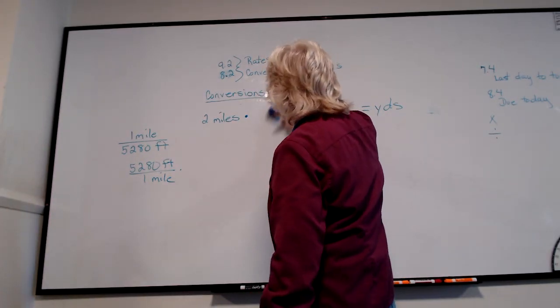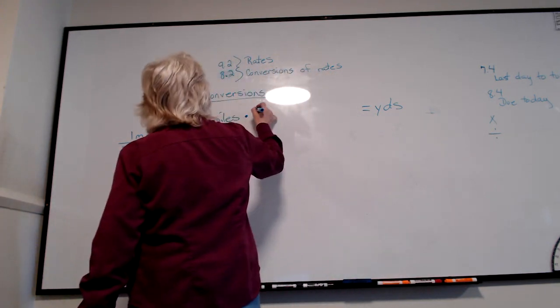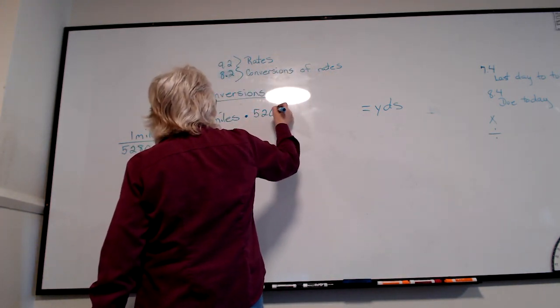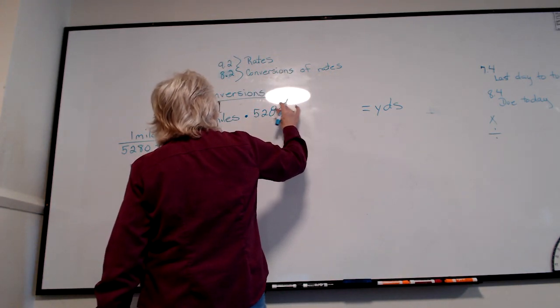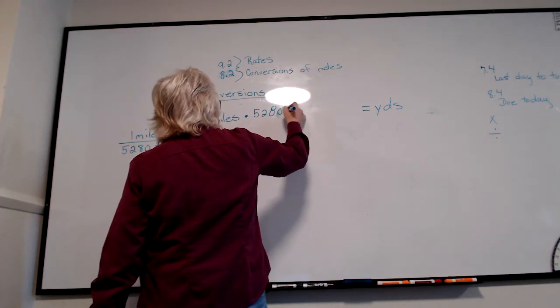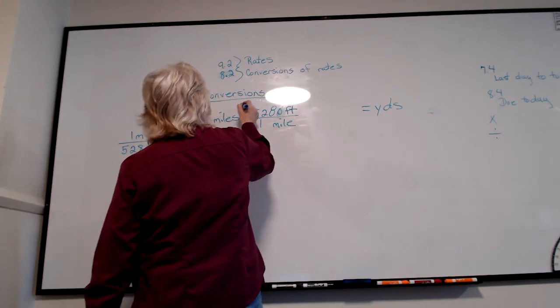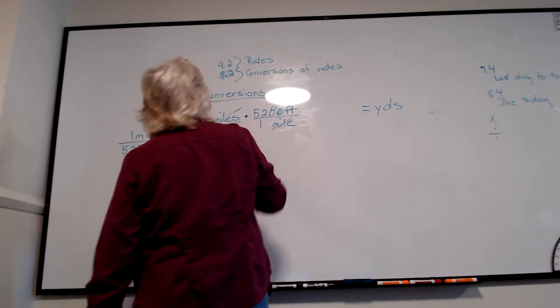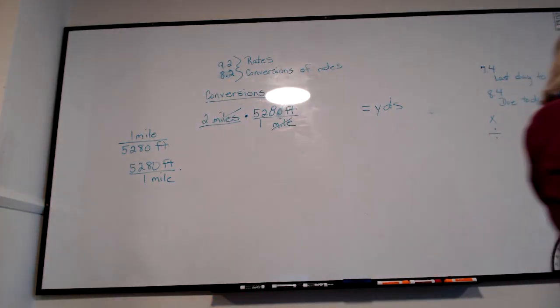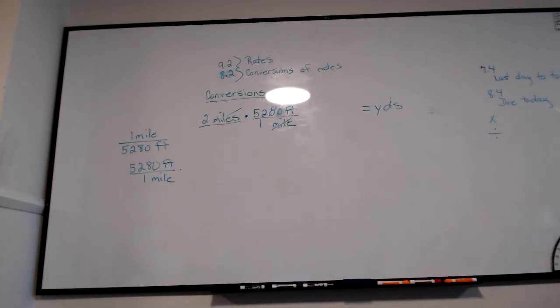So I'm going to use the second one, which is 5,280 feet is equal to 1 mile. Now look, my miles cancel. I'm left with feet. So I've now converted it to feet. Everybody agree with that now?